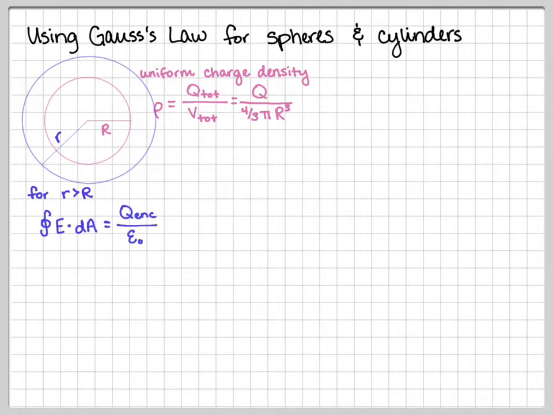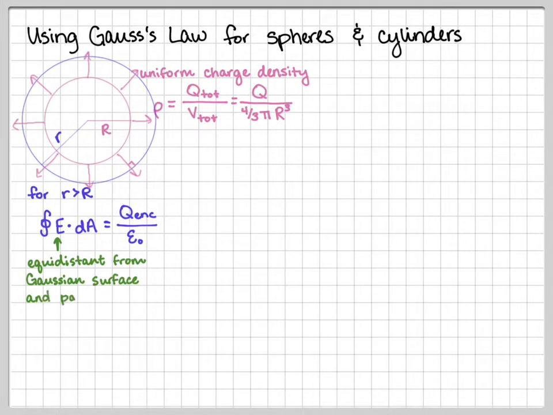When we are using Gauss's law, we're usually trying to determine the electric field at a certain point. So we will start by doing the electric field outside of a charged sphere. The electric field is pointing radially outwards if this thing is positively charged. When we make our Gaussian surface, it's kind of like making a balloon around the object.